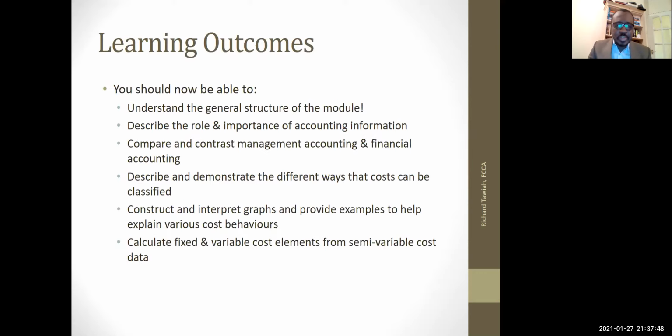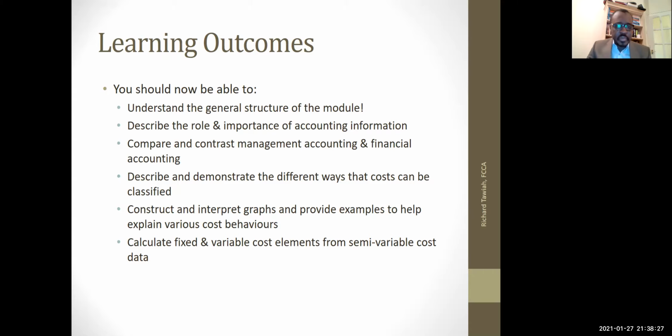So semi-variable cost, more or less, we can say it's like the total cost of a product. Okay. So you should be able to understand from this the general structure of the module you are going to go through, the role of management accounting, how different it is from financial accounting, and the importance of accounting information to all stakeholders, how we can clearly demonstrate cost classifications using different ways, production, direct, indirect, period cost, and also be able to construct and interpret graphs that help us to show the various cost behaviors.